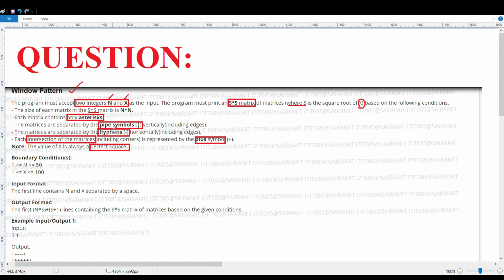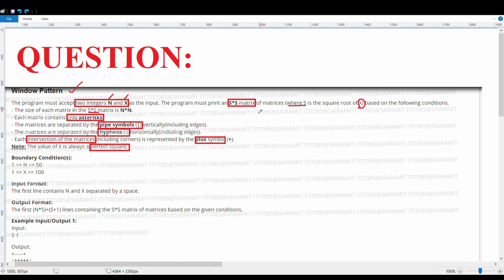The matrices are separated by a pipe symbol, that is a vertical line, and by hyphens, that is the horizontal line in the horizontal way. Each intersection of the matrices, that is the corner, is represented by the symbol plus, and the value of x is a perfect square. So these are the conditions given.